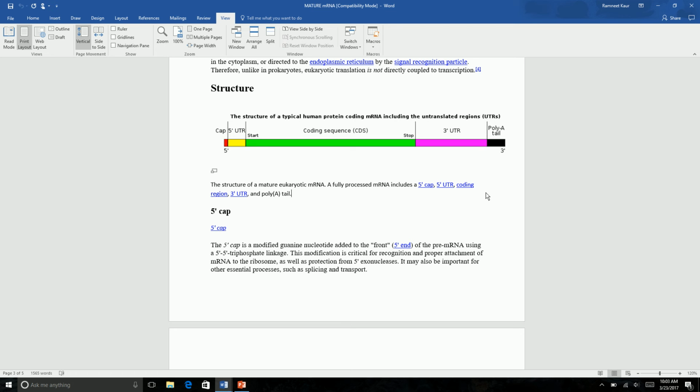Now what is cDNA? This mRNA can be converted to cDNA. It is called complementary DNA, made with the help of an enzyme called reverse transcriptase. So it should be very clear to you what transcription is. In transcription, from DNA, RNA is made.